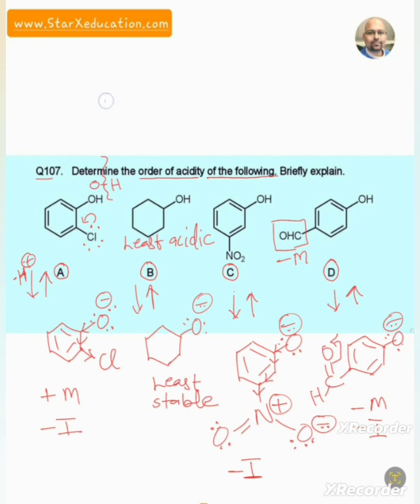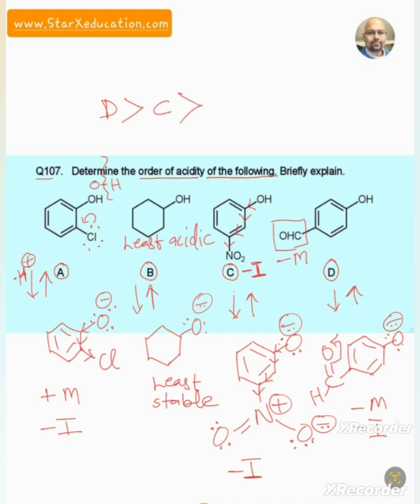Therefore, D is the most acidic compound and C is the second most acidic compound because although the nitro group is not stabilizing the negative charge by resonance, it still helps disperse the negative charge by its negative inductive effect.